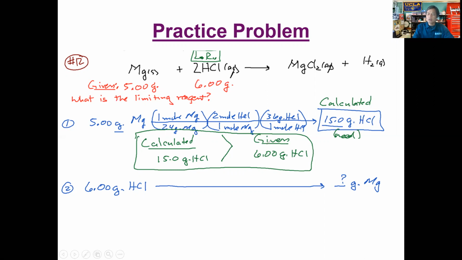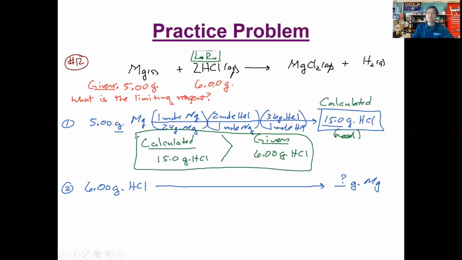What does that mean? We don't have enough HCl to use up these 5 grams of magnesium. Therefore, from this very first calculation, we can conclude that HCl is the limiting reagent. It will run out first. So the 6 grams of HCl will run out before the 5 grams of magnesium will run out.